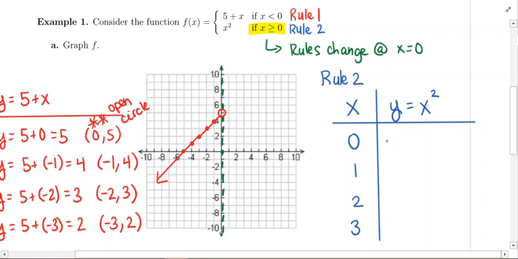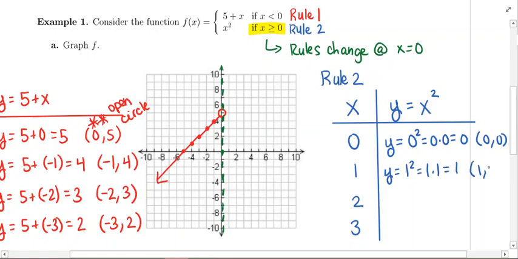So let's plug each of these x values in. If x is 0, we get y equals 0 squared. That's 0 times 0, that's 0. So we'll go through the origin. If x is 1, we get y equals 1 squared. That's 1 times 1, or 1. So the graph will go through 1, 1. If x is 2, we get y equals 2 squared.